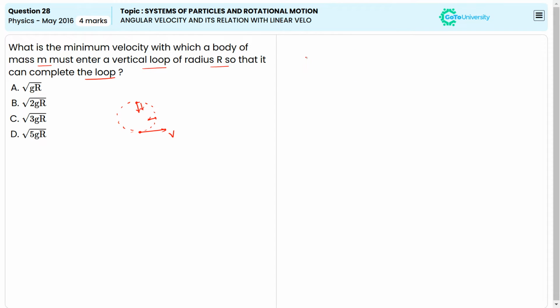Then we can write N plus mg is equal to mv squared divided by r. The mg terms cancel and N is equal to 0 in this case. Then v is equal to the square root of g times r.